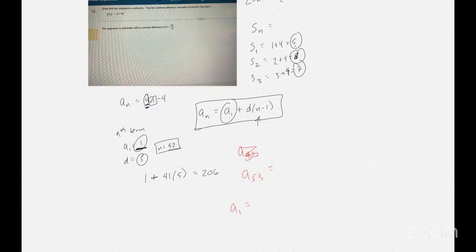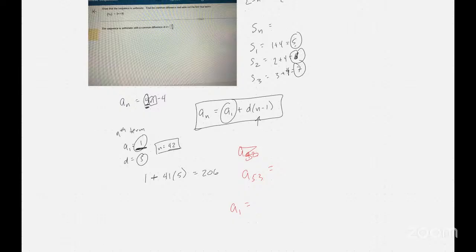They aren't putting it in directly. They're simplifying it first. For this one, it would be 1 plus n minus 1 times 5, and then they're turning it into 5n minus 4.